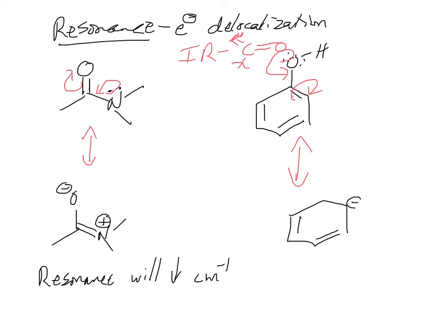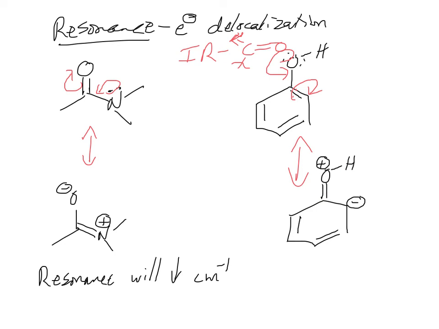I've made a negative charge here. Now there's a plus charge on the oxygen. So in this case, what normally was a CO single bond, sometimes with its resonance structures, is now a CO double bond.